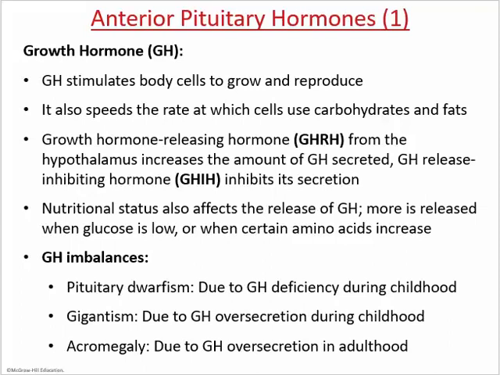It's controlled by growth hormone releasing hormone and growth hormone inhibiting hormone, both from the hypothalamus, so it can be controlled very closely. It seems to be released during sleep, which is one of the restorative aspects of sleep. If there are imbalances, you can get dwarfism or gigantism, acromegaly, etc. But that's for a pathology course.